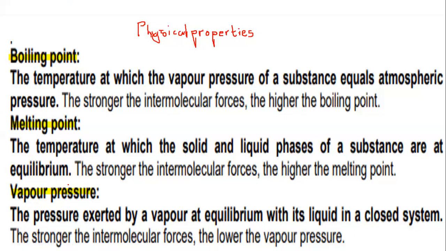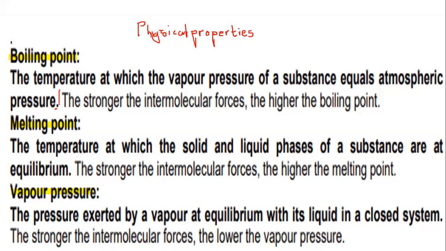So different organic molecules have different boiling points, different melting points, and different vapor pressure. Now, my dear learners, when we define boiling point, we say it is the temperature at which the vapor pressure of a substance equals the atmospheric pressure. Now, this is where the definition actually ends.